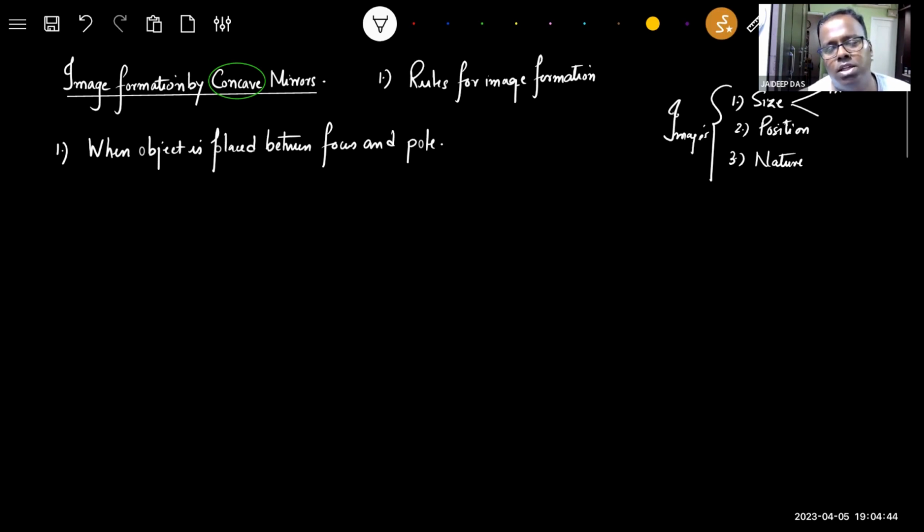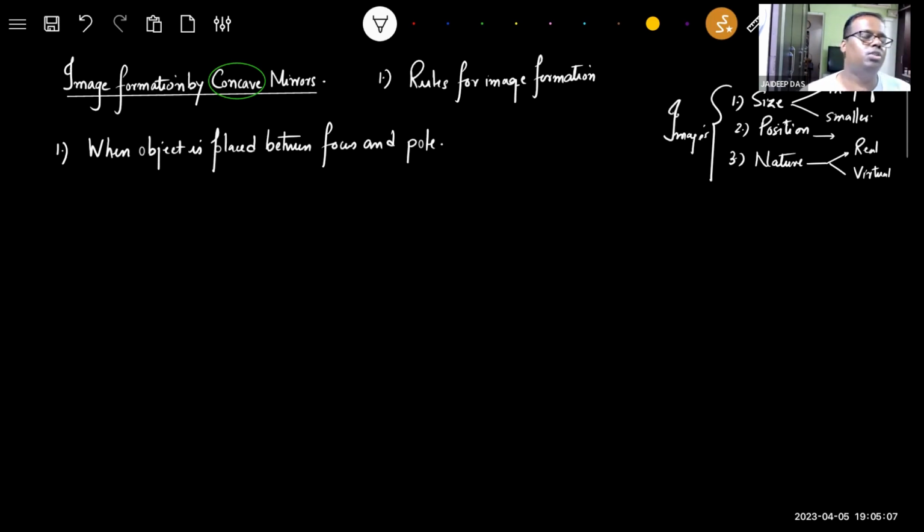Size can be either magnified or it can be smaller. Position, we have to say based on what position we get. And nature can be of two types: either we can get a real image or we can get a virtual image. These are the possibilities that you will get.